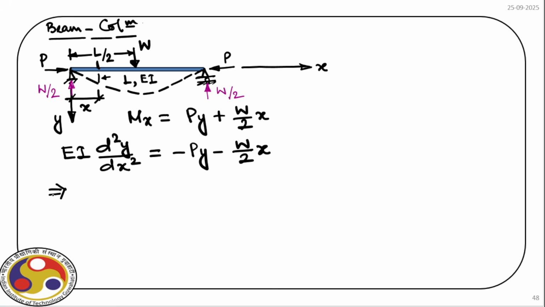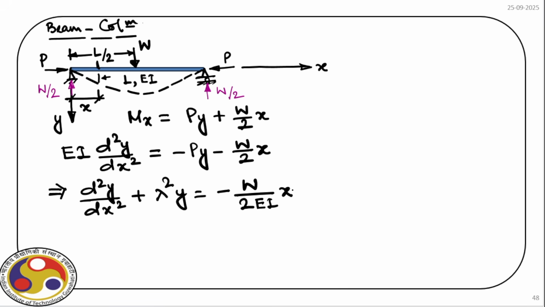So we can further simplify this. We have d2y/dx2 plus lambda square y is equal to minus W by twice EI X. So we know lambda square is equal to P by EI, right?